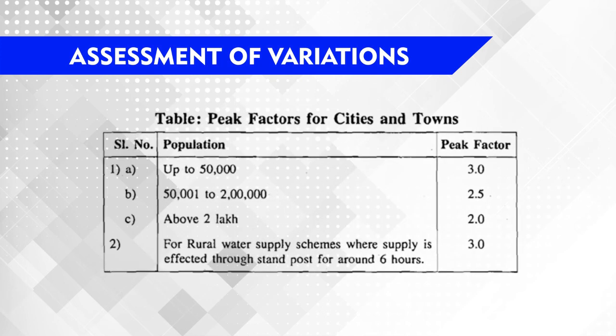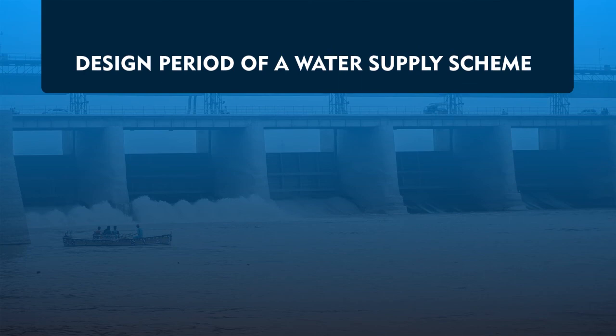Peak factors for cities and towns: up to 50,000 population, peak factor 3; 50,000 to 2 lakh, 2.5; above 2 lakh, 2. For rural water supply schemes where supply is through stand posts for around 6 hours, the peak factor is 3. Design period of a water supply scheme.